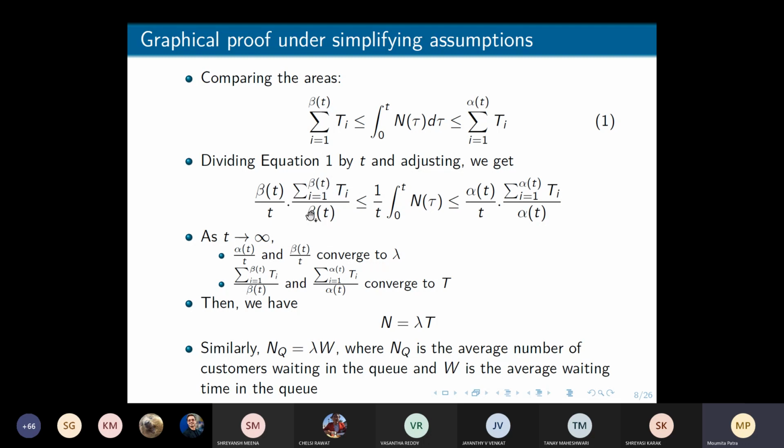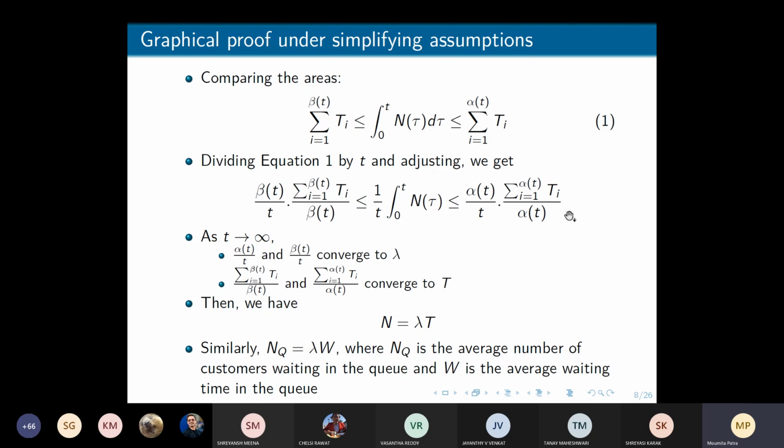This is less than or equal to 1 by t times the integral from 0 to t of n(tau) d tau. This also represents something from the previous slides, you will remember. Then, less than or equal to, again you divide by t and multiply the numerator and denominator by alpha t. So you get these terms.